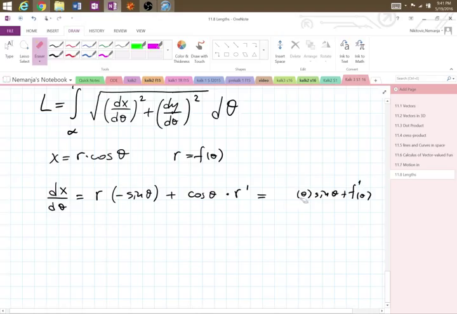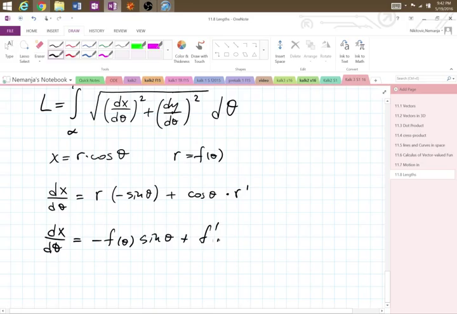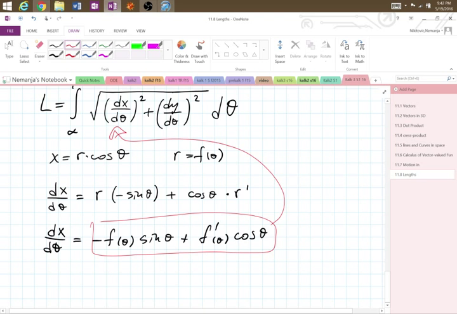Well, next line. So dx d theta is given as negative f of theta, because r is f of theta, sine theta plus the derivative of the function times the cosine theta. So this gets plugged in here.